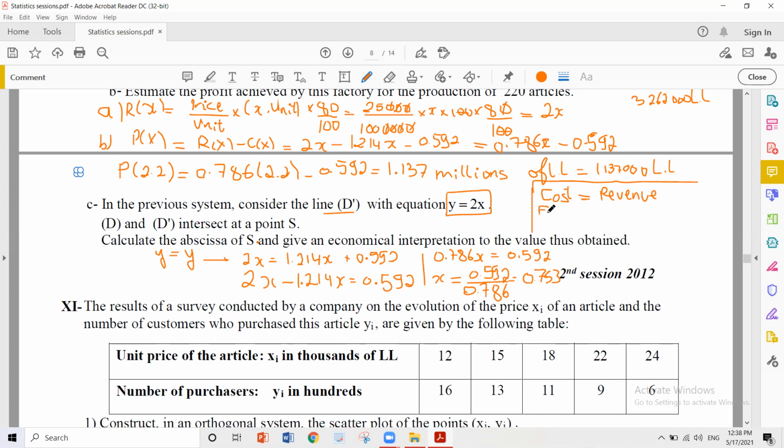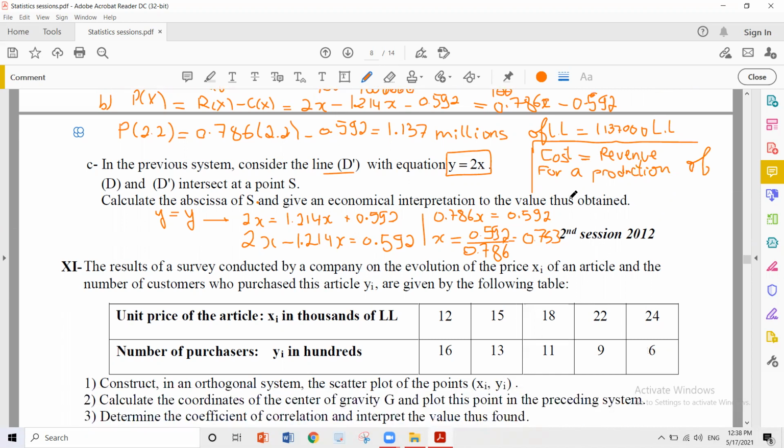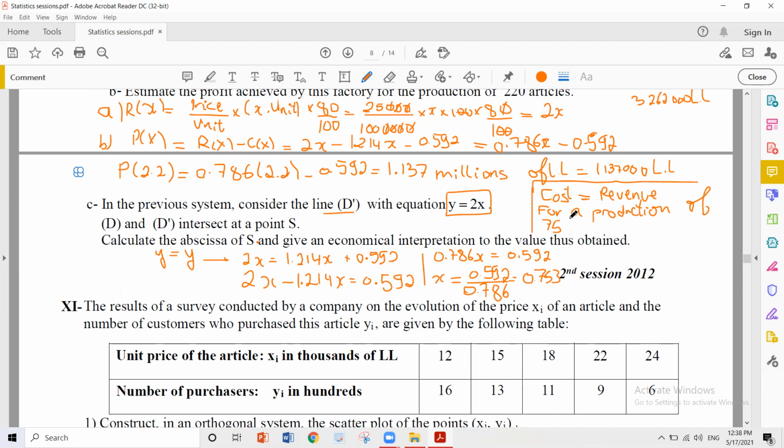For a production of how much? 75.3, of 75 items. We say there is a break even.